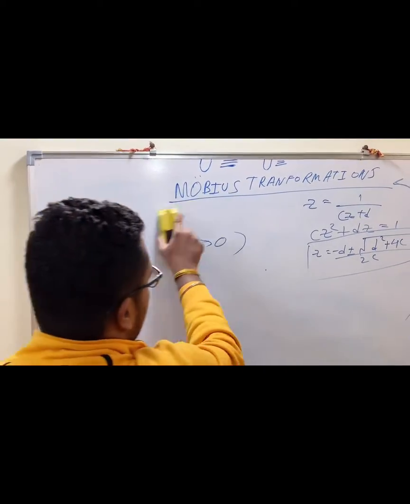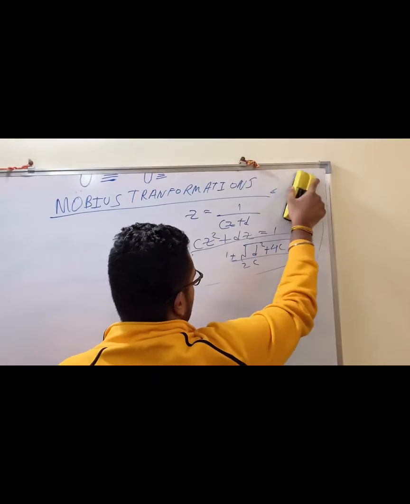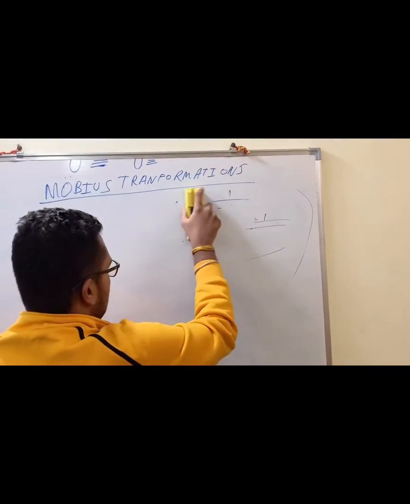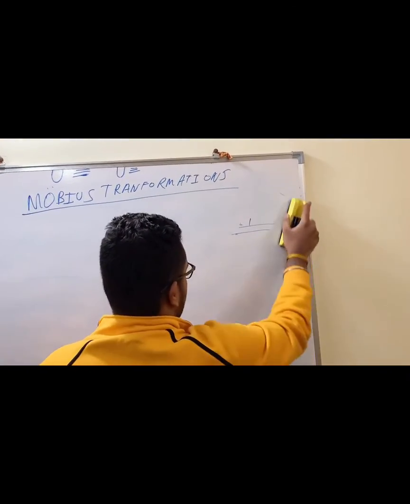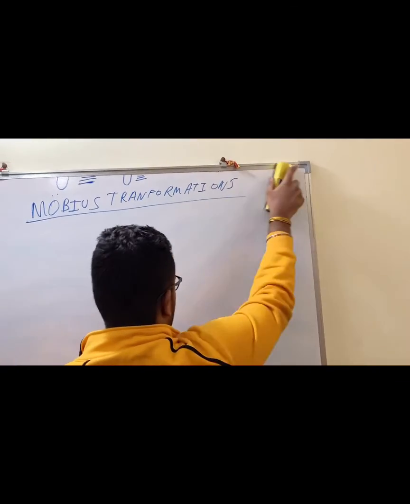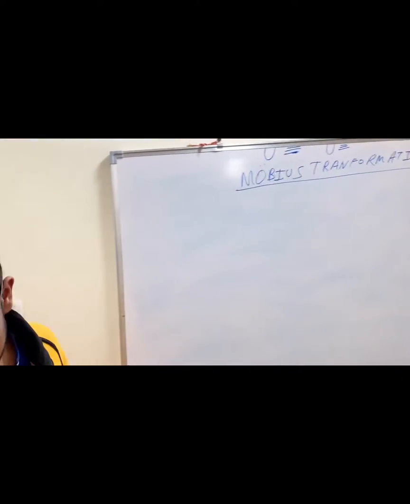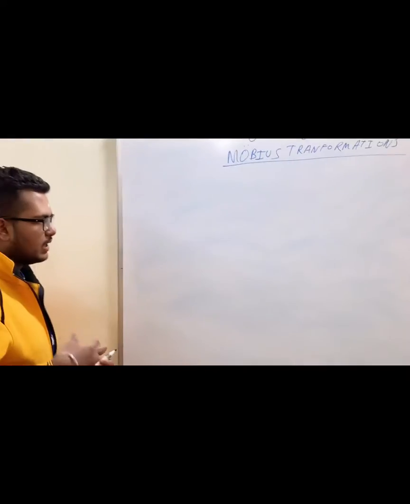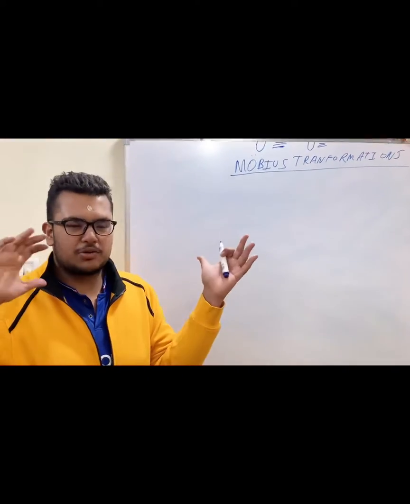So we found out that the inversion mapping, the inverted form of this map, 1 over cz plus d, is a mapping which has this property of extending to infinite points.